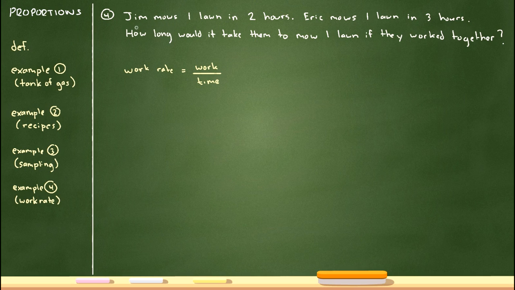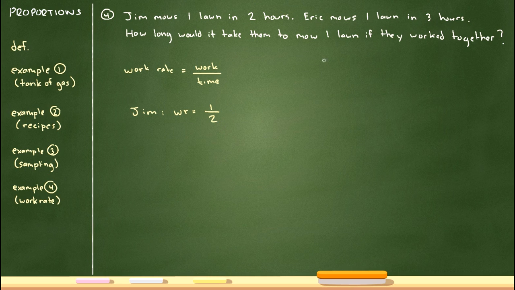But what we have is that Jim mows 1 lawn in 2 hours. Okay. So let me write down that information. So Jim, his work rate, I'll abbreviate that WR, is 1 lawn in 2 hours.